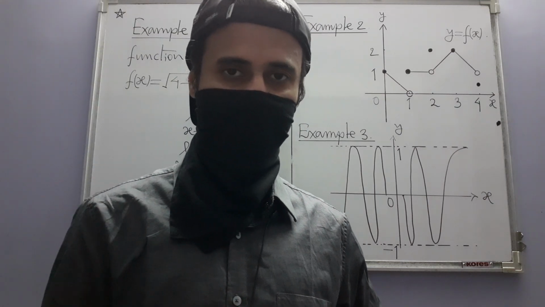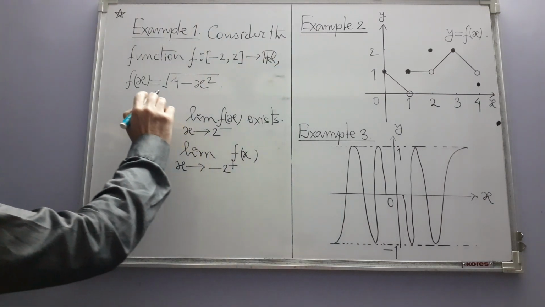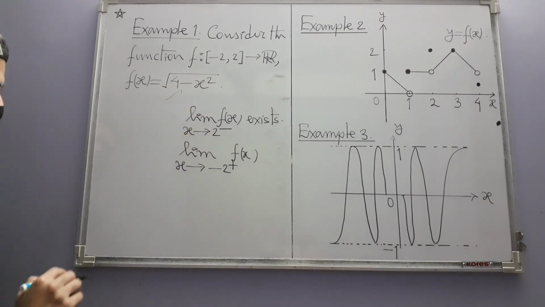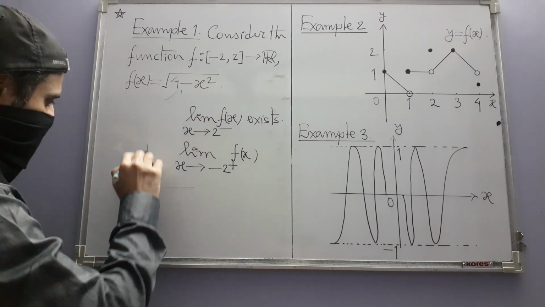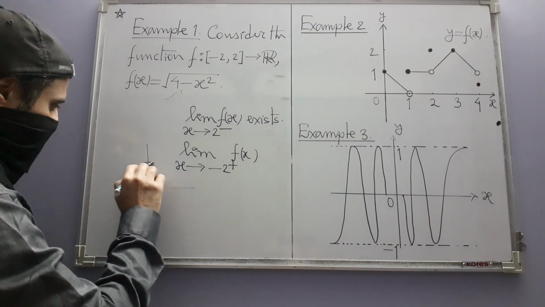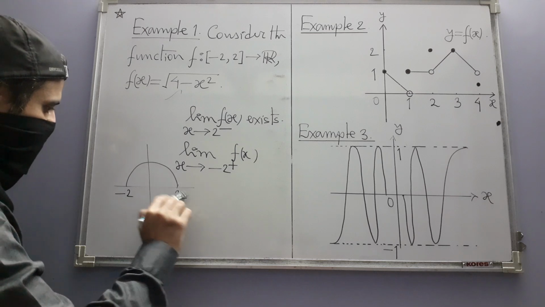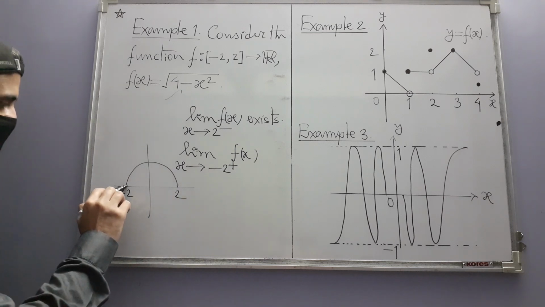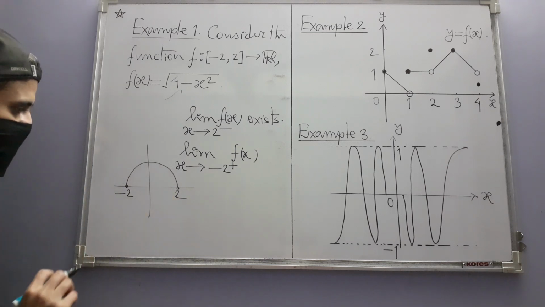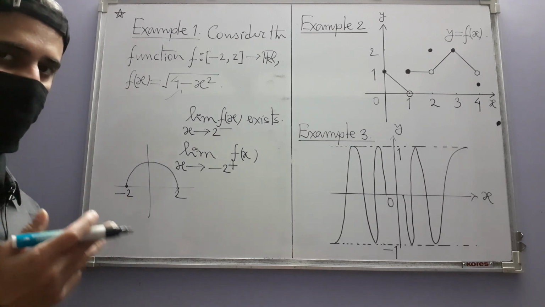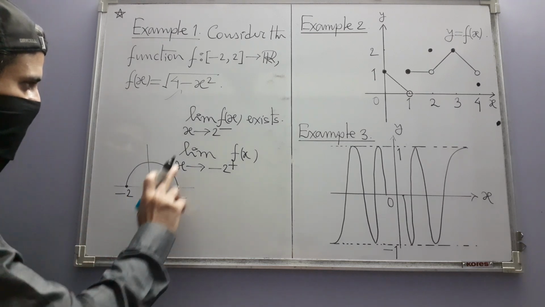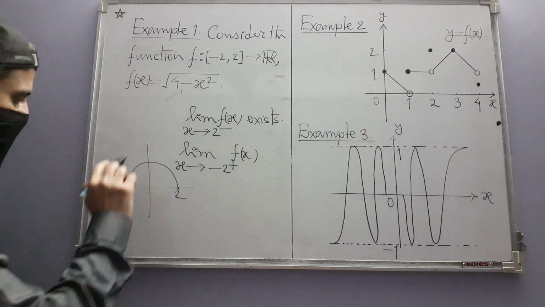I mean, in the text you will see that the graph of this function has also been drawn. It is semicircular. Okay, the -2, you have 2 here. So at both -2 and 2, the relevant one-sided limits have value 0.